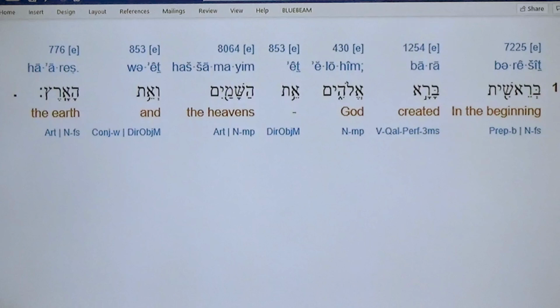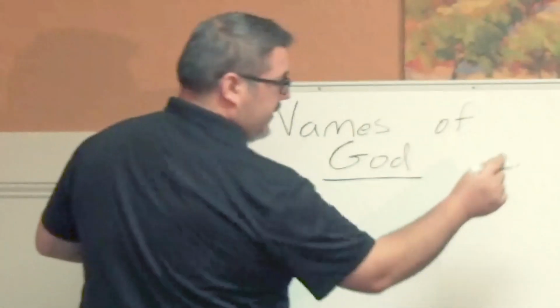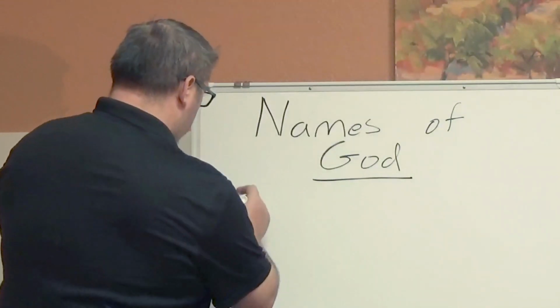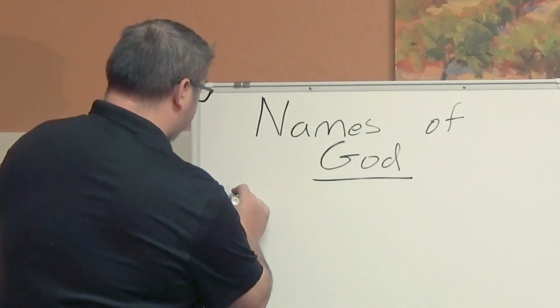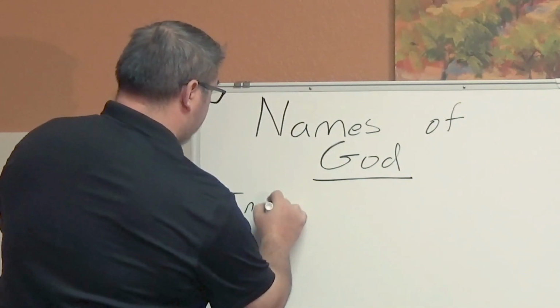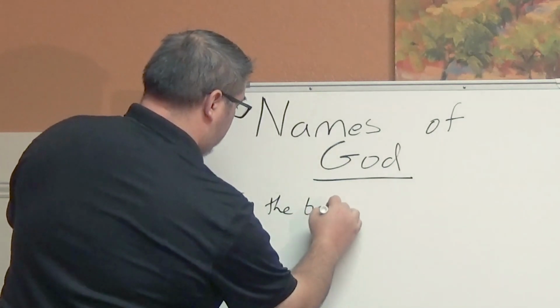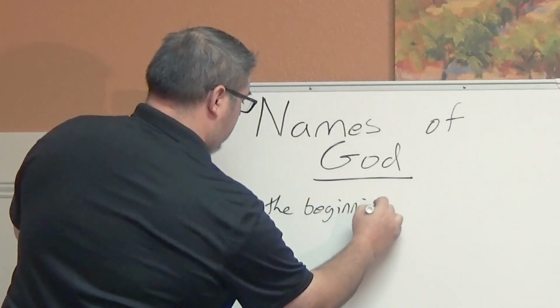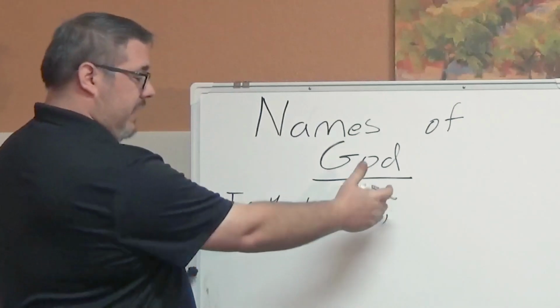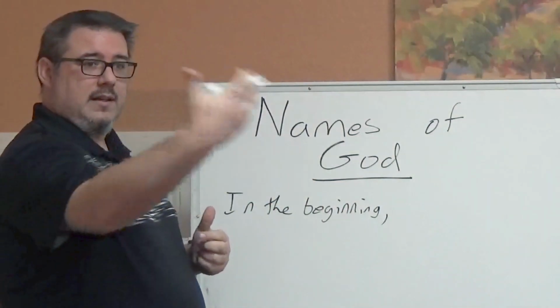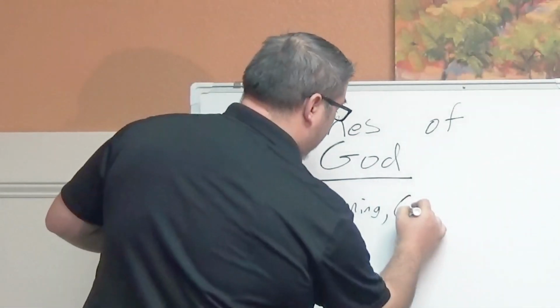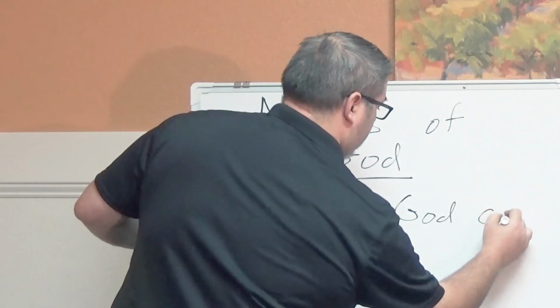Now the verb isn't used the same as it is in the English language. If we were to write this same passage in English, we would have in the beginning, and we put a comma because that's our prepositional phrase introducing us, and then we would say God created.